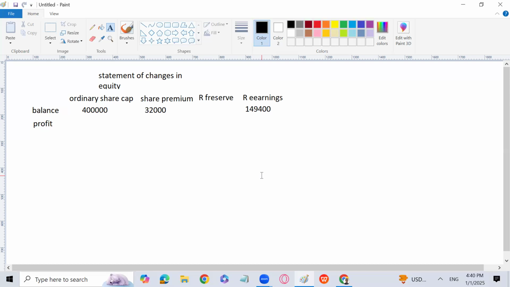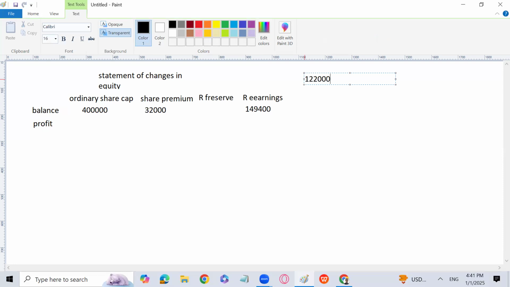So let's see the profit first. The profit we have to calculate. And the profit for the year is 122,000. You know that. First, I need to subtract 1,600, we have done that already. And closing inventory cost of sale minus 14,950, the inventory portion.